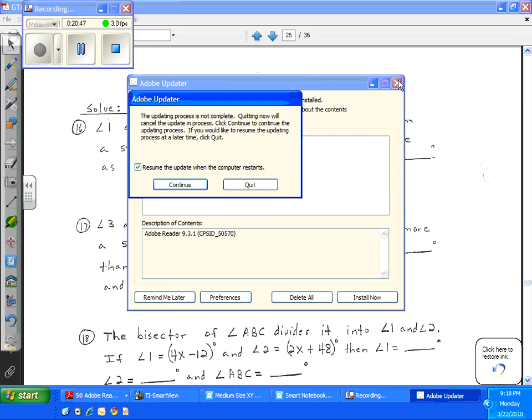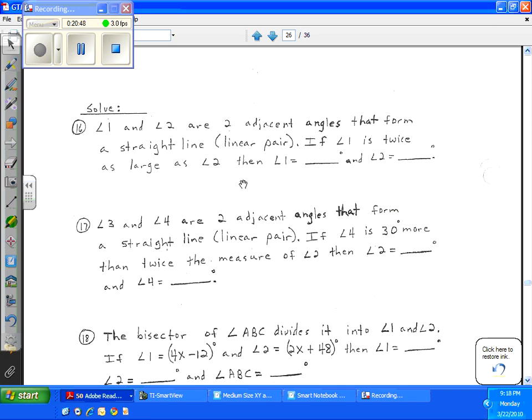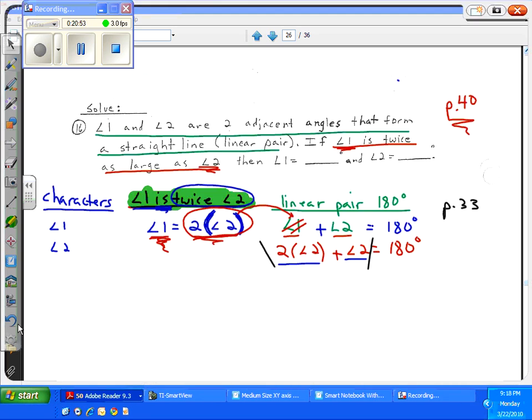And so we're going to combine like terms, and we would have 3 angle 2's is equal to 180 degrees. Now we're going to undo multiplication by division to isolate, and we would get angle 2 is equal to 60 degrees.